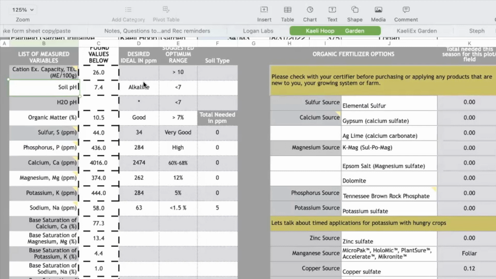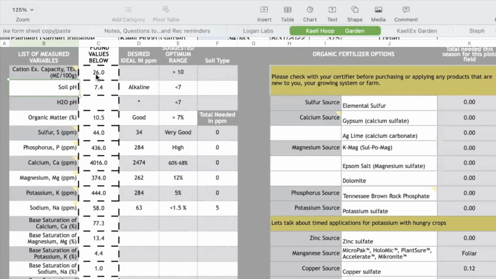So the total exchange capacity is letting you know, in essence, how large your tank is for holding on to nutrients, how much space, how many exchange sites do you have to plug in positively charged elements. And there are preferential ways that is ordered in the soil. There's a charge preference, different elements will have preference on the colloids, and they'll kind of stack out from there.